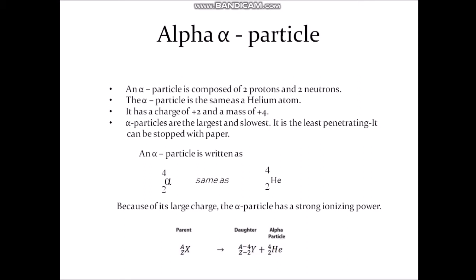So you can see it is written as Y with A minus 4. If A is 10, Y will have 6. And if Z is, say, 5, then Z minus 2 will be 3. So this is an alpha decay. Why plus helium? Because one helium atom, or one alpha particle, is emitted and removed.